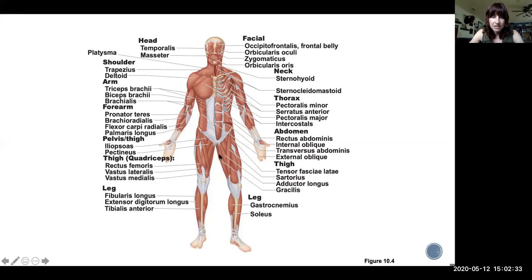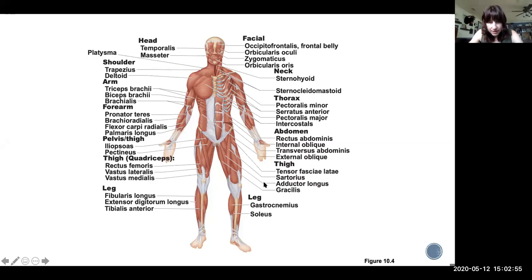We have the Gracilis as the most medial muscle, the Sartorius as this long, skinny, belt-like muscle coming up and over and around the front of the leg. And then the deep muscles, the Iliopsoas and the Pectineus here.